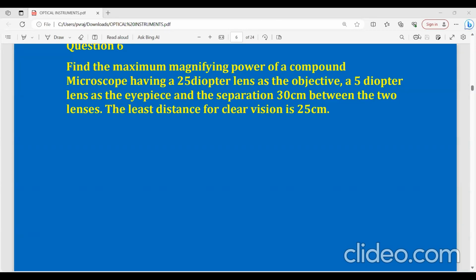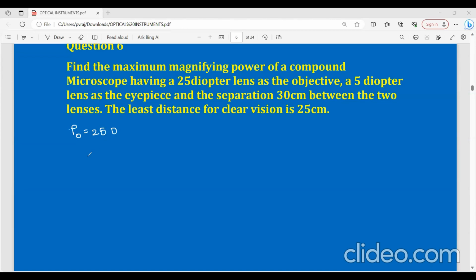And question number 6. Find the maximum magnifying power of a compound microscope. Here the information is given about a compound microscope having a 25 diopter lens as the objective. The power of the objective lens is given as 25 diopters.